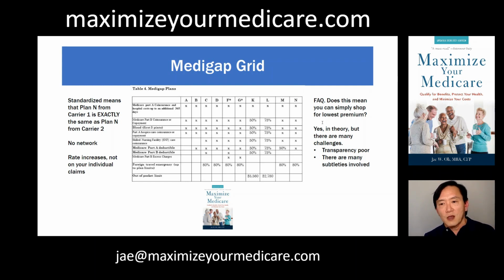The second reason is that there are many subtleties involved. What are some of these subtleties? Certain carriers give a household discount. For example, if your spouse enrolls in the same carrier, some carriers don't require you to be at the same carrier, literally. So even the definition of what a household discount is differs from carrier to carrier. And these aren't small differences.